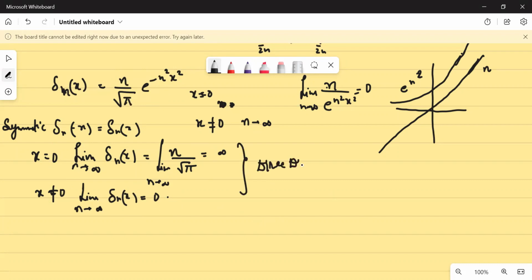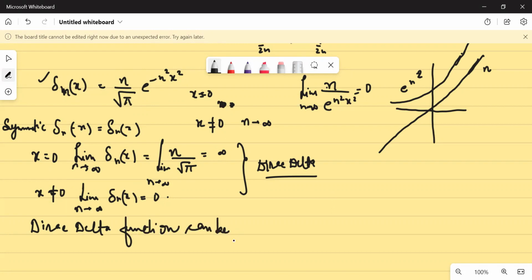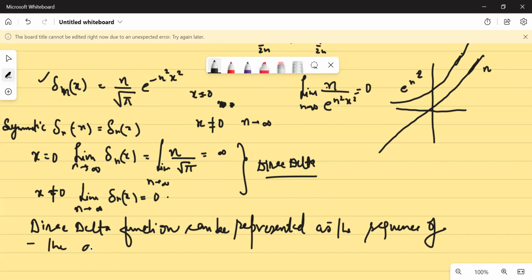So the Dirac delta function can be represented as the limit of a sequence of these functions. So I can write that the Dirac delta function can be represented as the limit of the sequence of functions as given above.